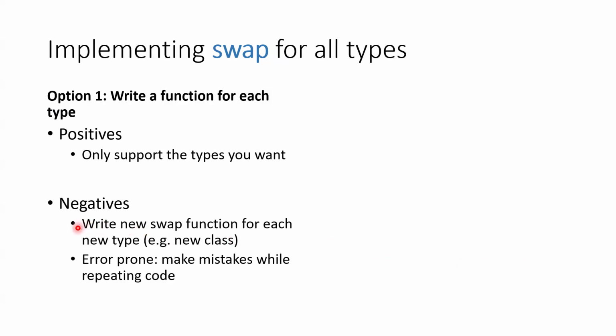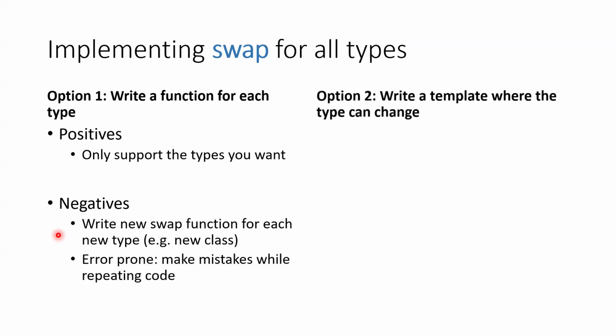But the negative is that you'll need to write a new swap function for each new type that exists. This is very error prone because it's a lot of copy and pasting. And if you need to change one code, you'll need to change all of them. If you miss even one of them, it could be a mistake. And it's hard to debug.